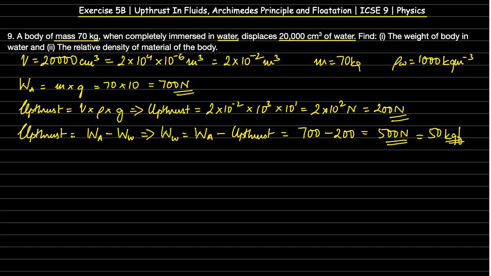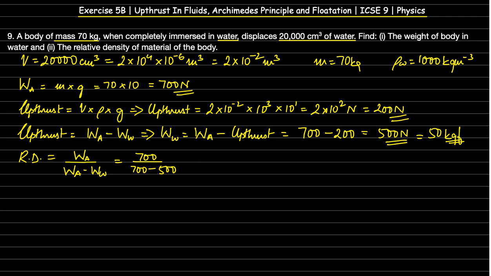So for finding relative density, we would be using the formula of relative density, that happens to be weight in air divided by weight in air minus weight in water. So weight in air is 700 divided by 700 minus 500.